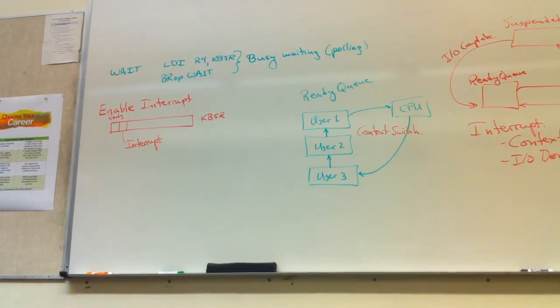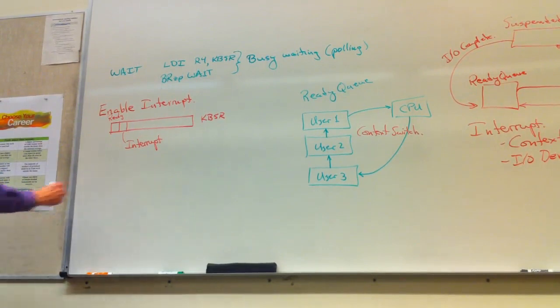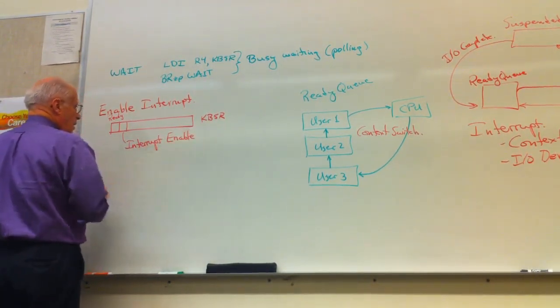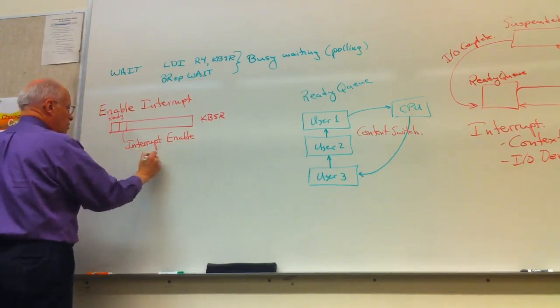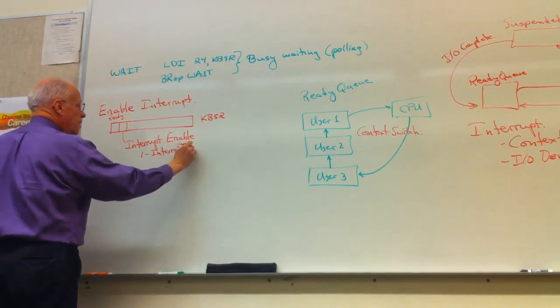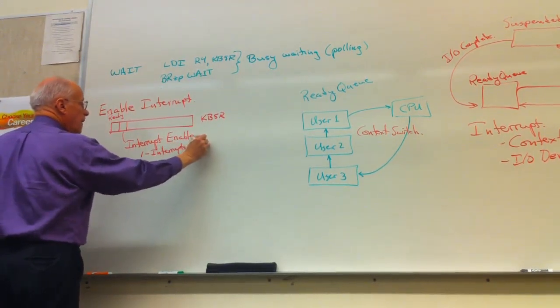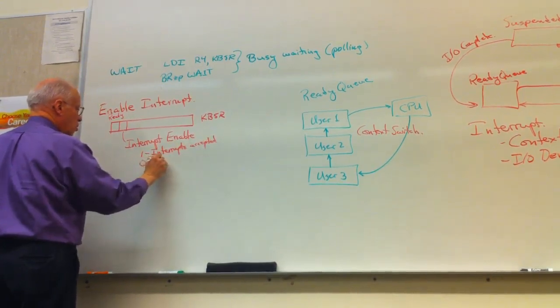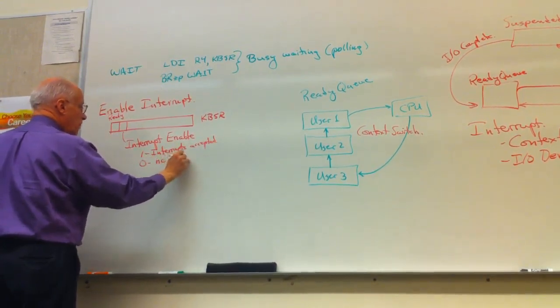But very often it's bit 14 that is what we call an interrupt enable bit. One says interrupt accepted. 0 says no interrupts.